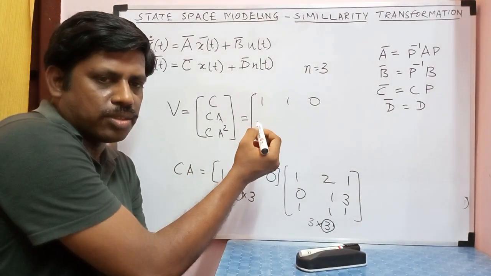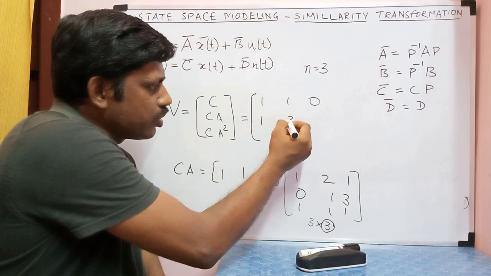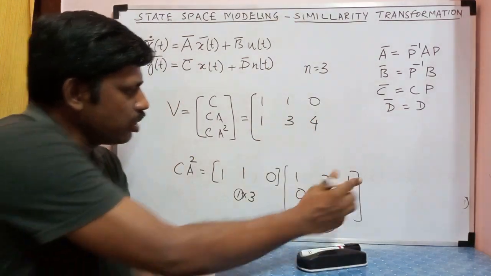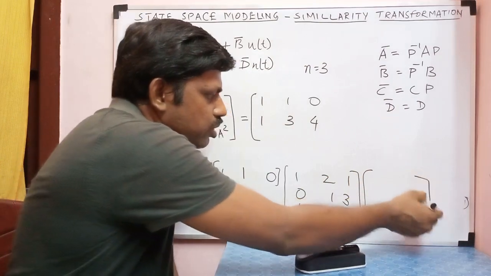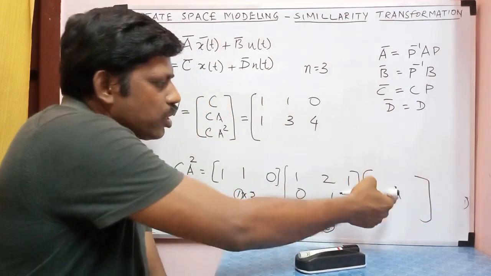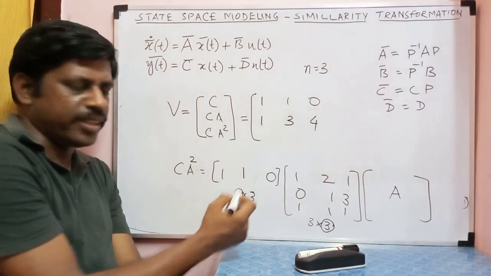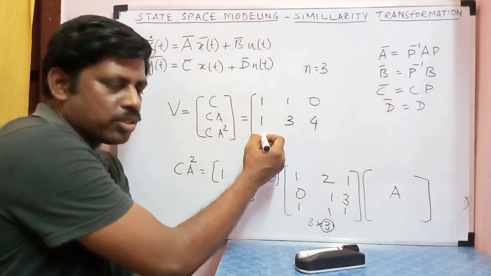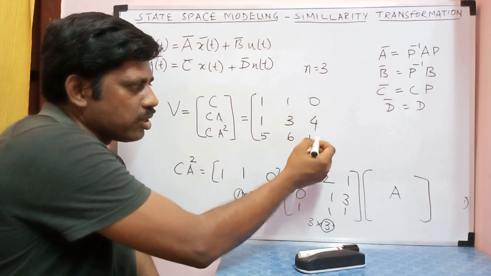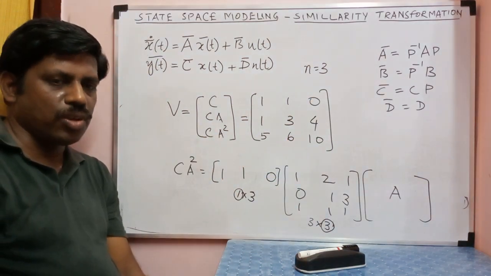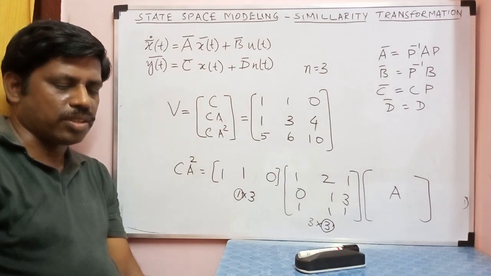So this answer will be 1, 3, 4. Similarly, you have to find out CA square. You put this A matrix again here, multiply the 3 matrices, and you will get another row vector as 5, 6, 10. This is how you have to form this V matrix.